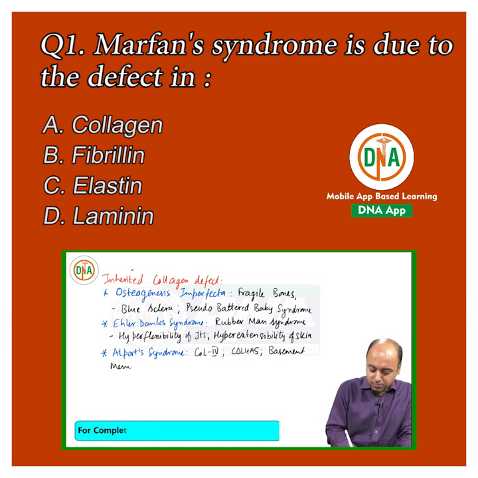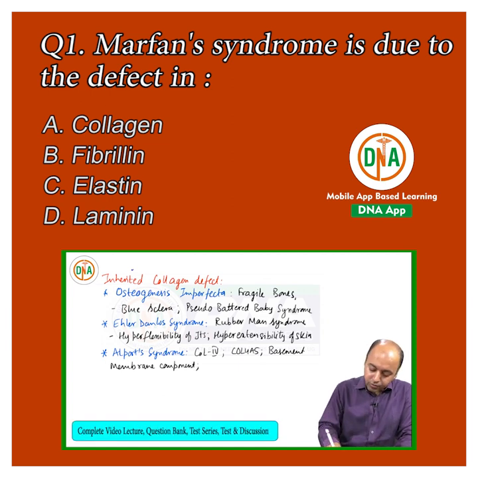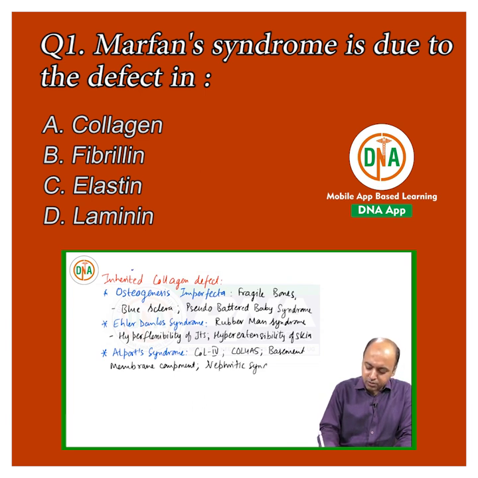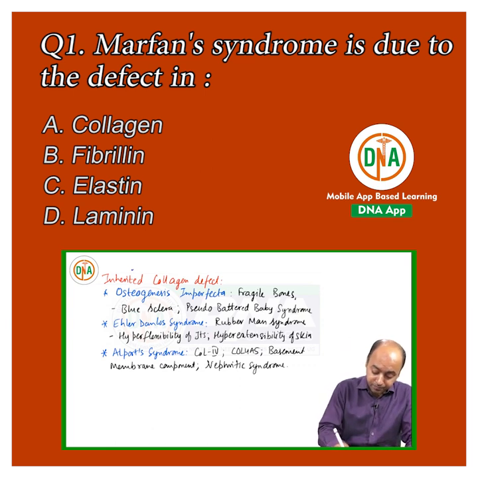This is a basement membrane component. As a result of this, we find nephritic syndrome, which may be associated with sensorineural hearing loss due to the basement membrane of the inner ear.